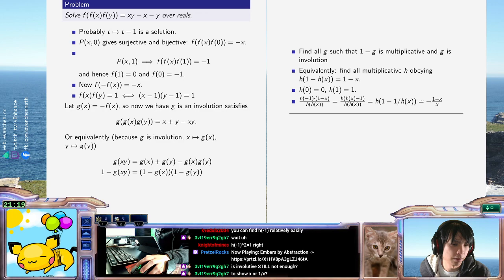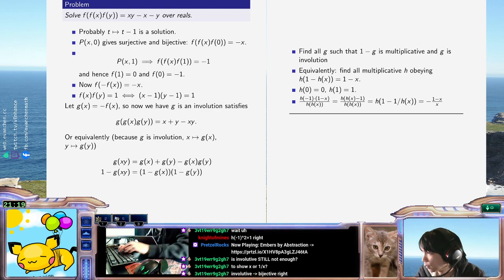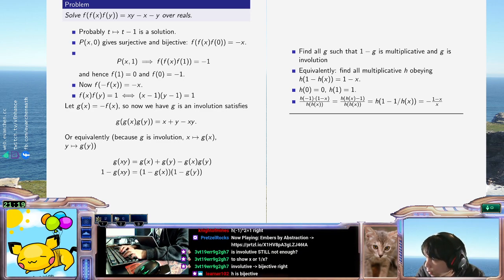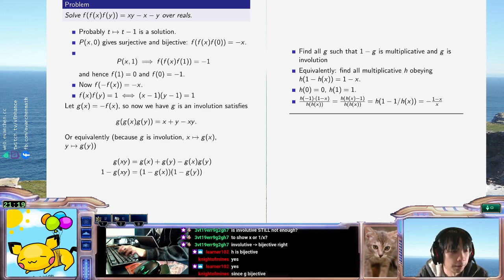I agree, but we don't know h is bijective yet, right? Oh, but I guess g is bijective. Okay, yeah, fine.